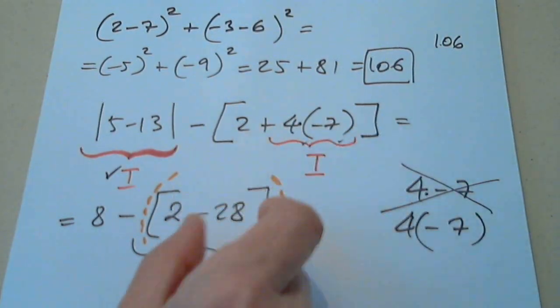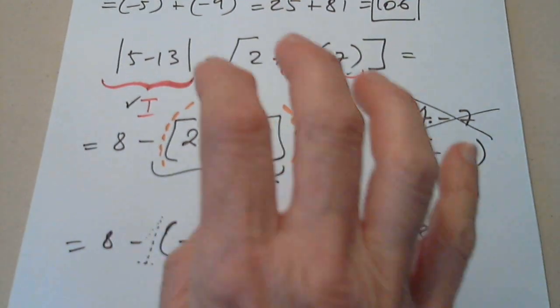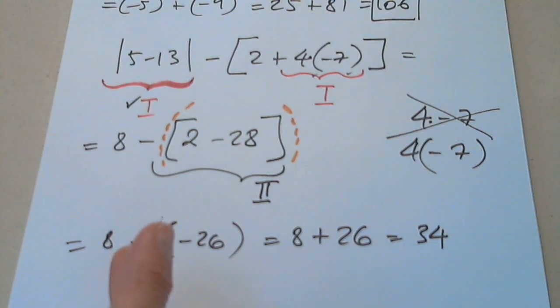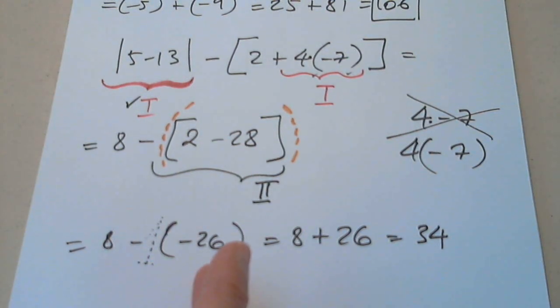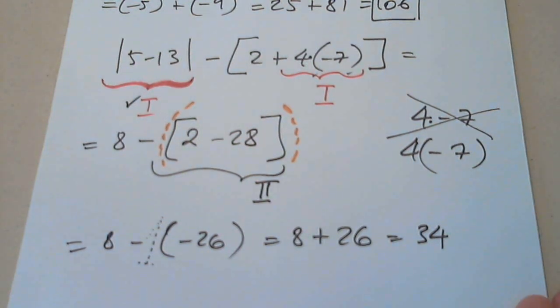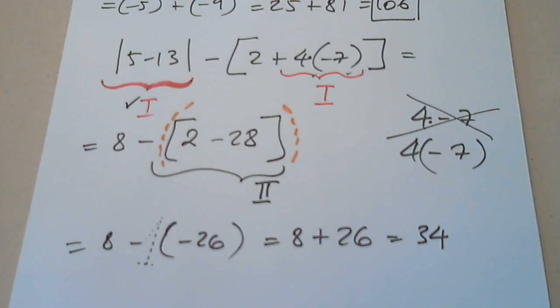You can demote the brackets into parentheses or just keep brackets, that is fine. Perform the operation inside, get negative 26. Realize that the opposite of negative 26, or a negative times a negative, is positive. Perform 26 plus 8 or 8 plus 26, it doesn't matter, and we get 34. Are we okay with this? Excellent. Thank you very much.